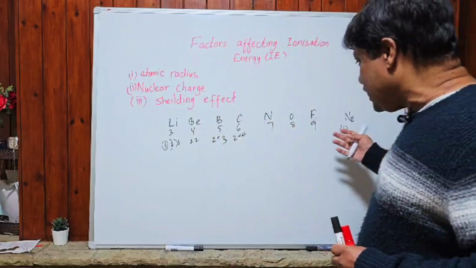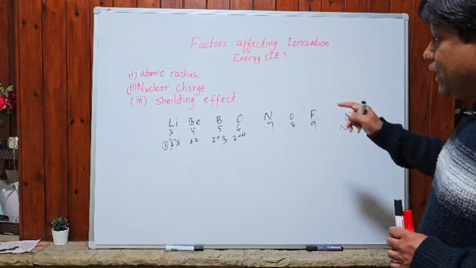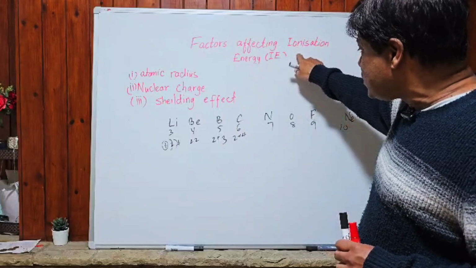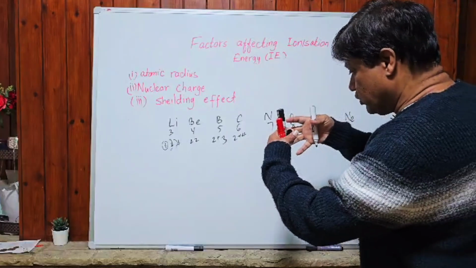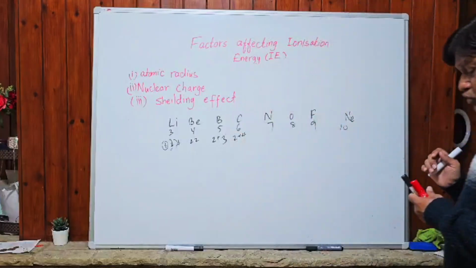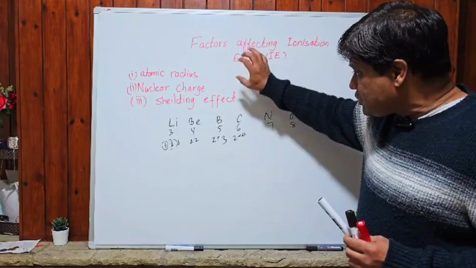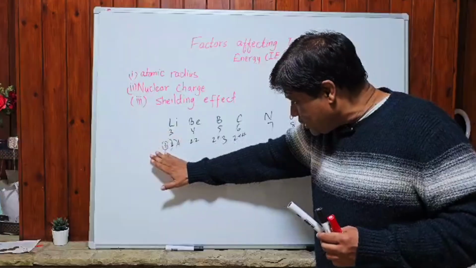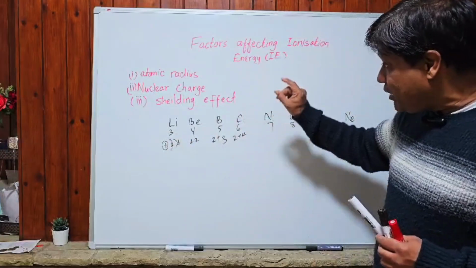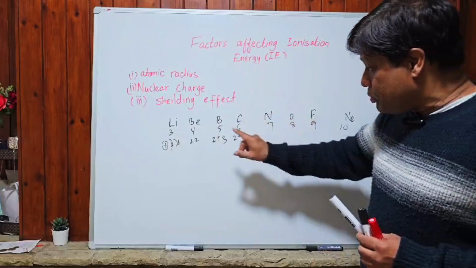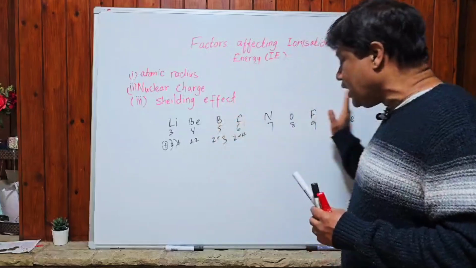Because of the nuclear charge, these electrons are strongly bonded to the nucleus. And ionization energy is the amount of energy needed to take away the electron. First of all, they are held tightly by the nucleus. So what do you think? What is your guess? When nuclear charge, the force of attraction between the nucleus and the outer shell electron, increases, the ionization energy first has to break this nuclear charge, and then it is able to take off the electron.